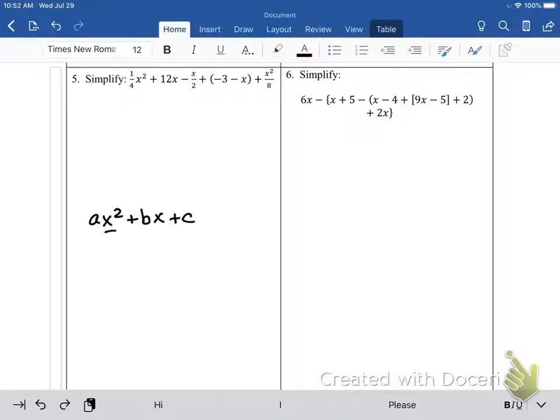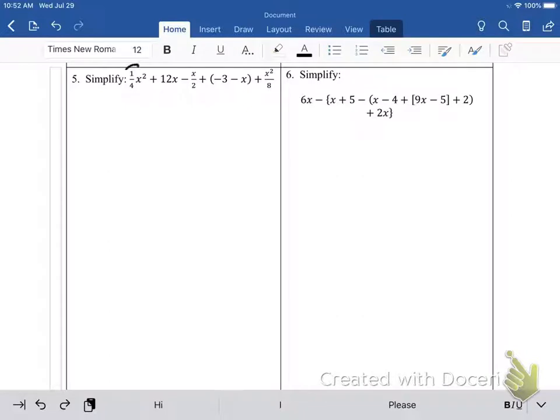So you see how I'm starting with the x squared. A is just some number. Then the x, and then the constant, and the exponents go down from left to right. That's what we call standard form, and that's what you always want to end up with.